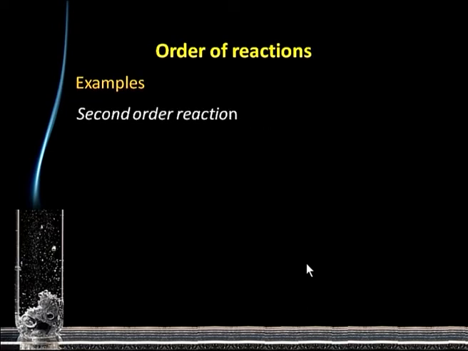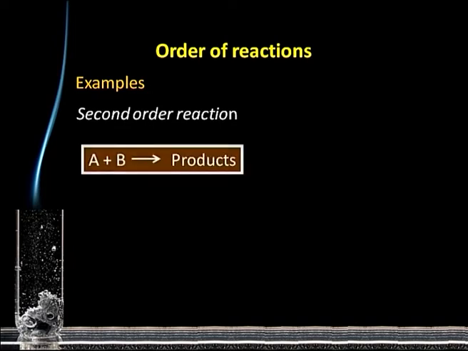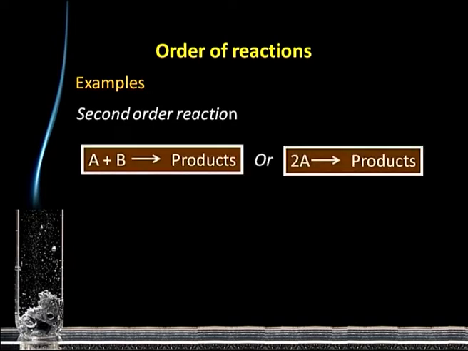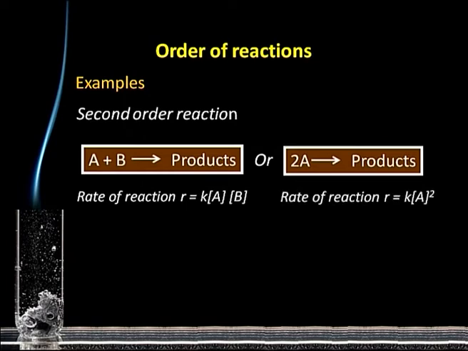Let us look at the second order reactions. A plus B giving you products, or the other possibility is 2A giving you products. Rate of reaction r is equal to k into concentration of A into concentration of B, and the other possibility is rate of reaction is equal to k into [A] raised to power 2.